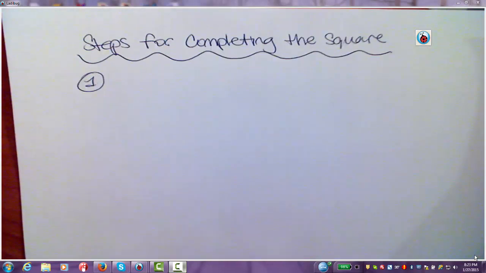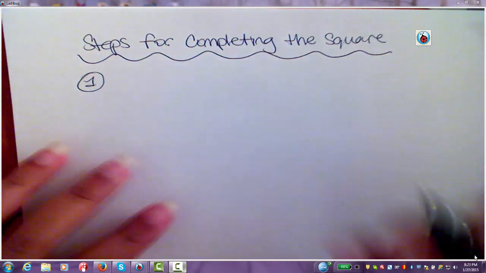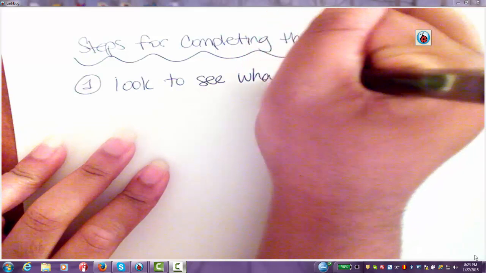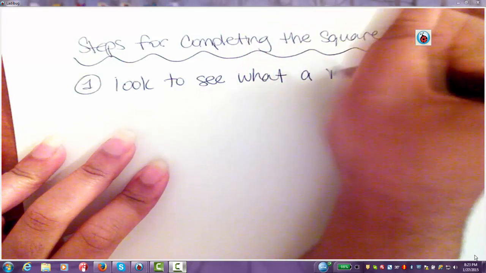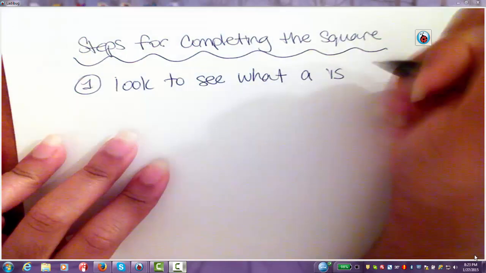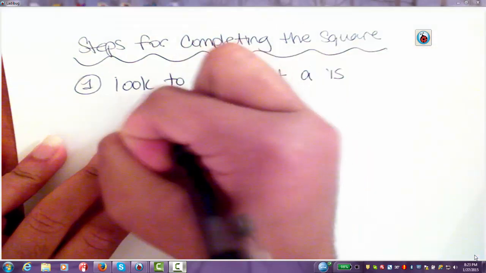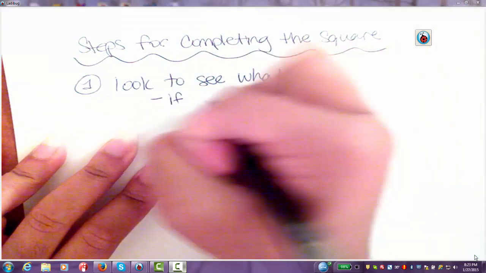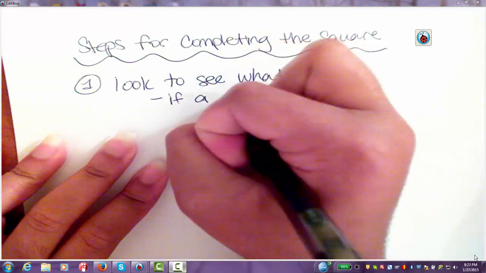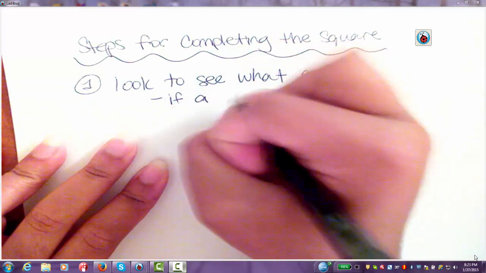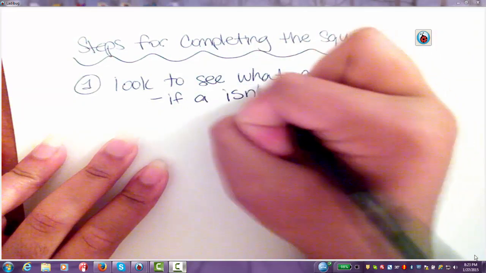First off, we look to see what our a value is. If a isn't 1, then we have to divide by a so that our leading coefficient is 1.